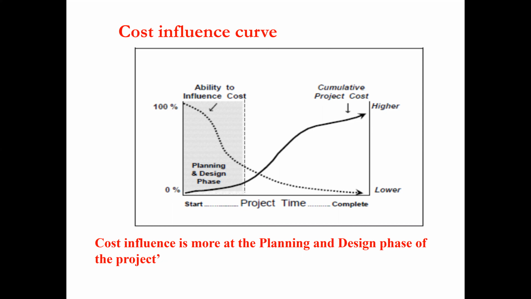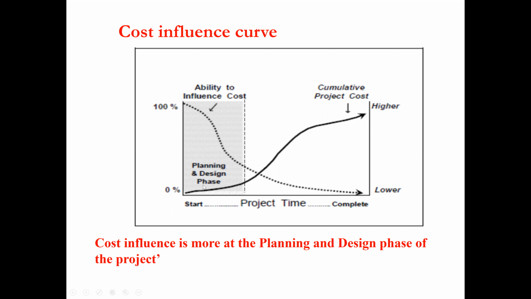This slide shows the cost influence curve. Cost influence is greater at the planning and design phase of the project. On the x-axis we have the start of the project, the project timeline, until completion, and this side is progress from 0% to 100%. So, ability to influence cost is greater at the planning and design stage.